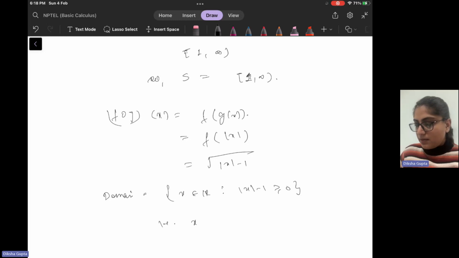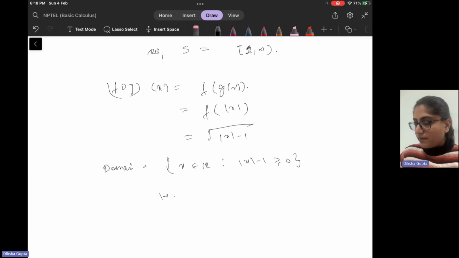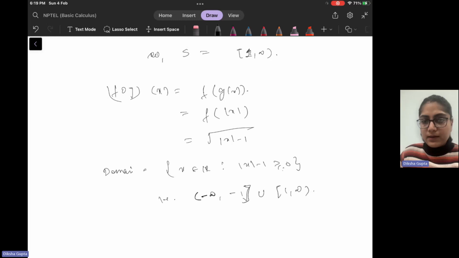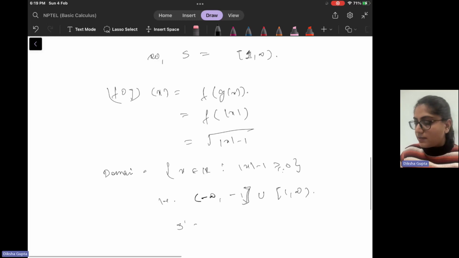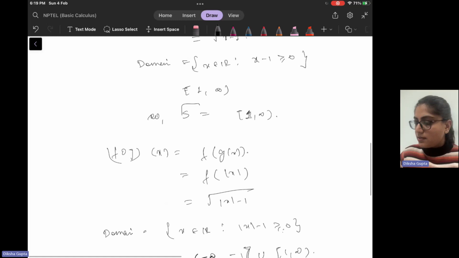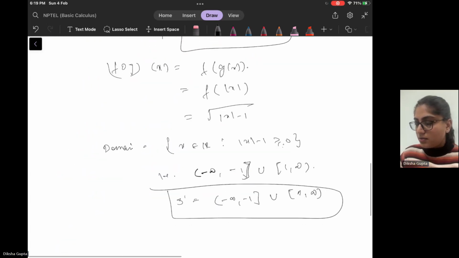That is the interval minus infinity to minus 1, 1 is included because here we can have 0 also. So 1 is included, union 1 to infinity. So our S' is minus infinity to minus 1, union 1 to infinity. So this is S', this is S. So our option S is properly contained in S', so our option B is correct.